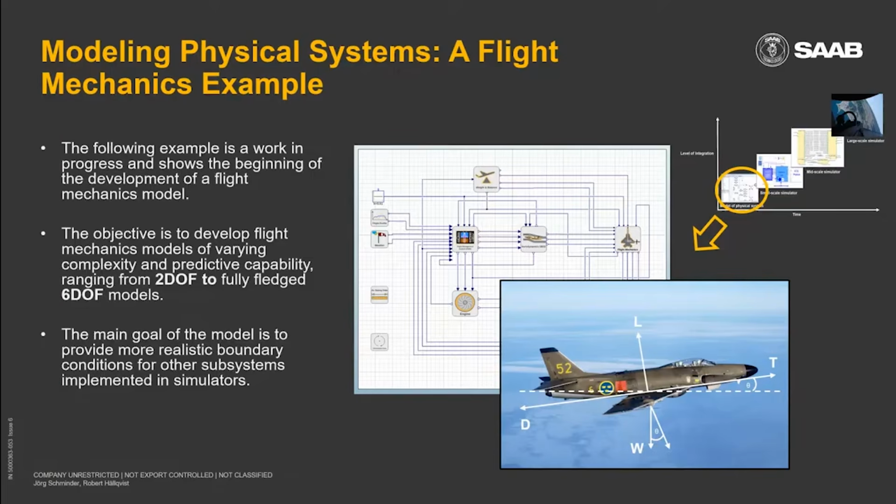The model which we have at the moment is a 2-DOF model. 2-DOF is for 2 degrees of freedom. However, that will be only the start. We are continuing to develop more models, 3-DOF up to 6-DOF. And that's basically for having a certain modularity in the future to choose a model in an adequate complexity for our later simulators.